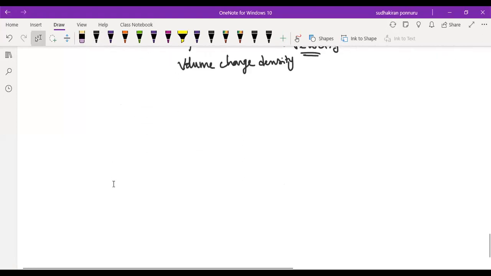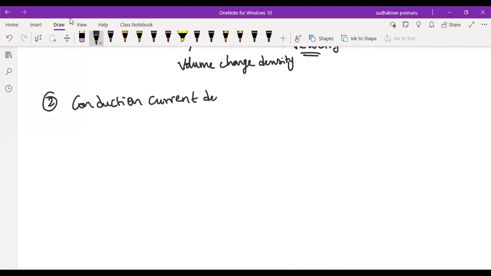And now we are going to the second current density, which is called conduction current density. Here it is the flow of charges in a conductor.